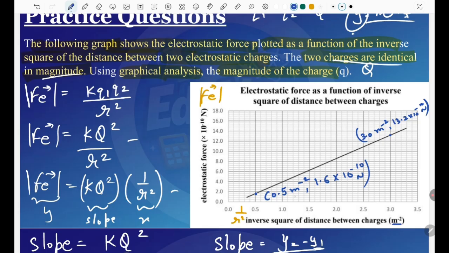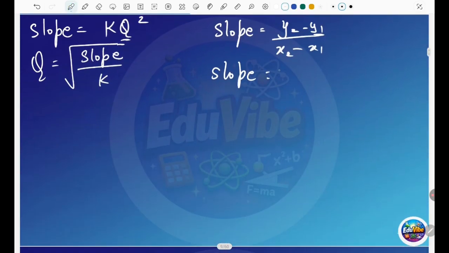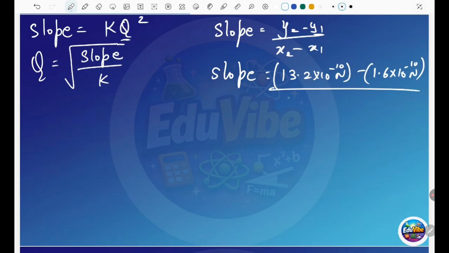So these are your 2 points, and you take this as x1 y1, and this as x2 y2. Now you have to put those points in the formula. So our y2 is 13.2 into 10 raised to power minus 10 newtons minus our y1, which is 1.6 into 10 raised to the minus 10 newtons, divided by 3.0 meter minus 2 minus 0.5 meter minus 2.